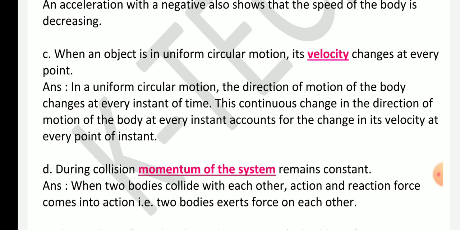In a uniform circular motion, the direction of motion of the body changes at every instant of time. This continuous change in the direction of motion of the body at every instant accounts for the change in its velocity at every point of instant. Understood, children?